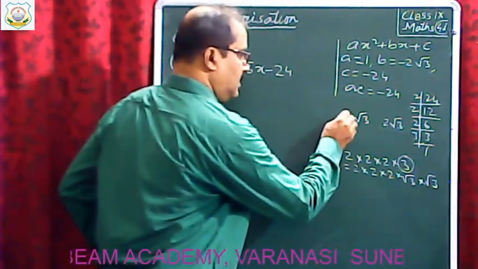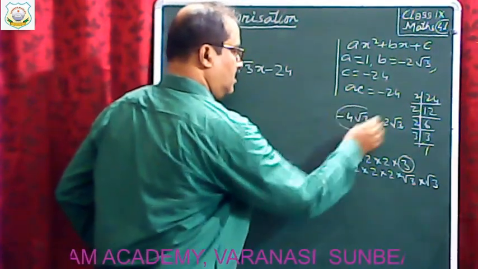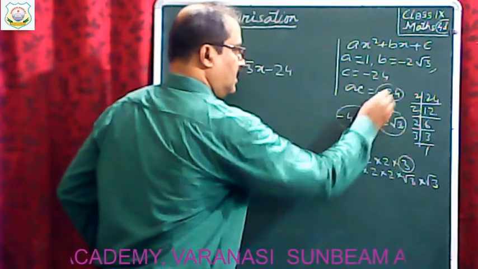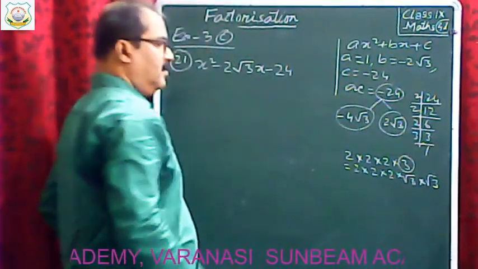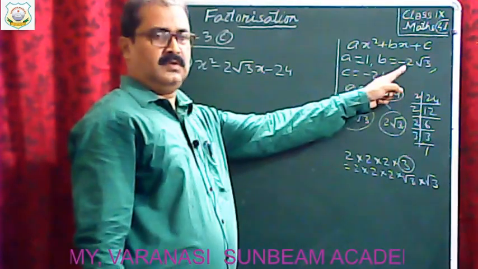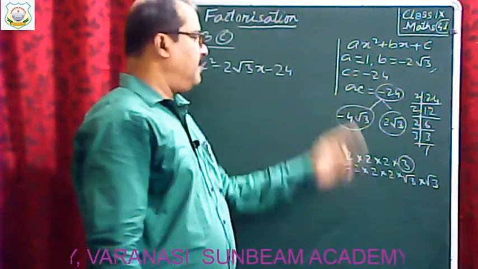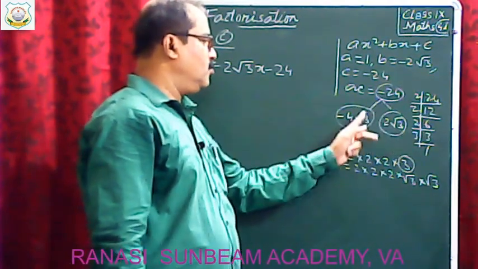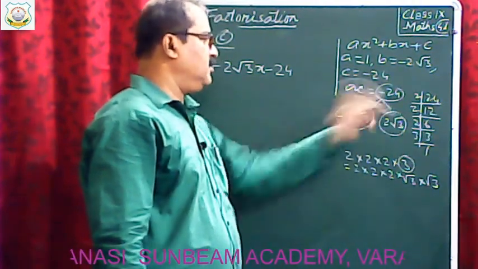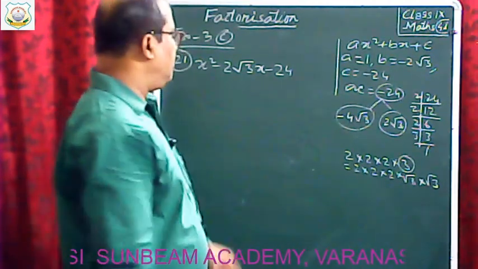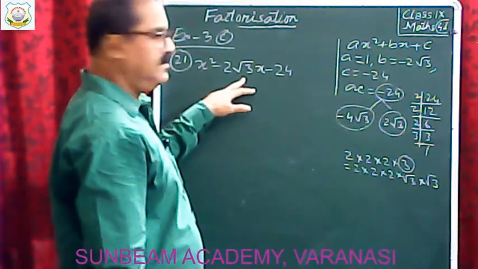If we consider minus 4 root 3 or plus 2 root 3, then what happened? Minus 4 root 3 plus 2 root 3, we get minus 2 root 3, that is b. And product: minus plus minus, 4 2s are 8, root 3 into root 3, 3, 8 3s are 24, so minus 24.